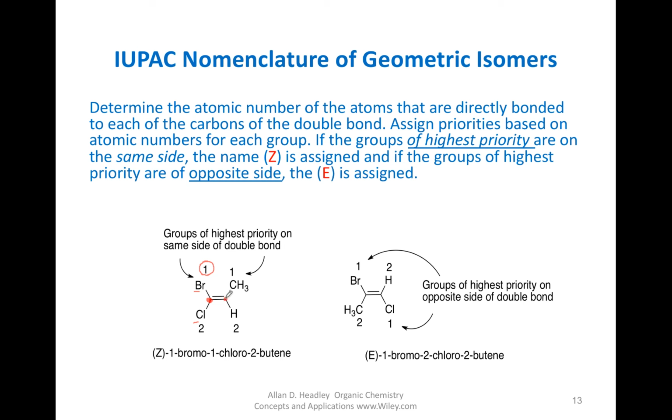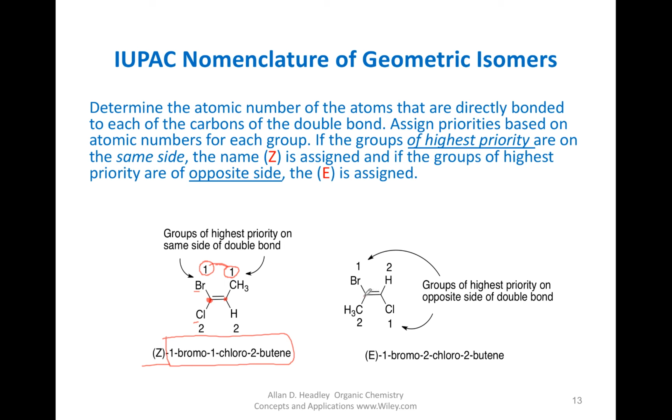This carbon is bonded to a carbon, atomic number 6, and to a hydrogen, atomic number 1, so therefore this gets priority number 1, and of course since 1 and 1 are on the same side, it says Z. Of course we do know how to name the rest of the molecule based on the previous nomenclature.